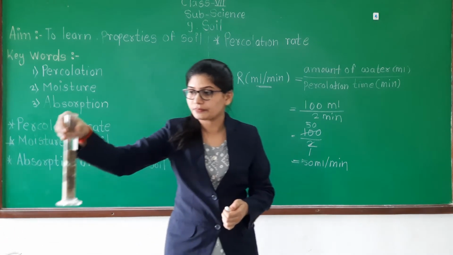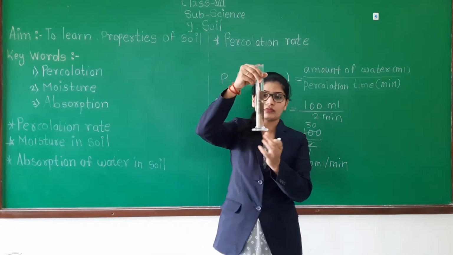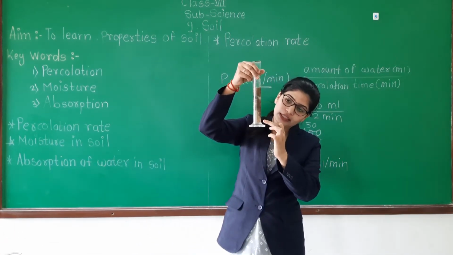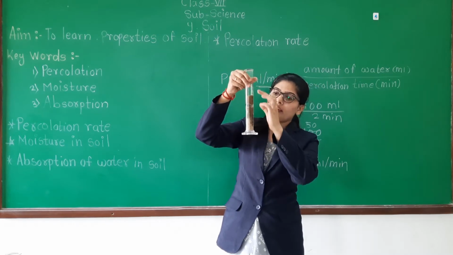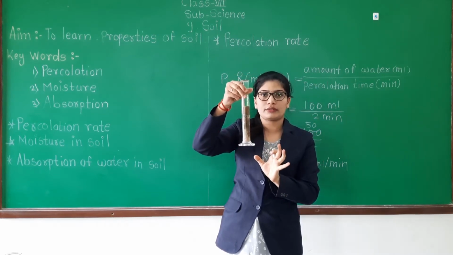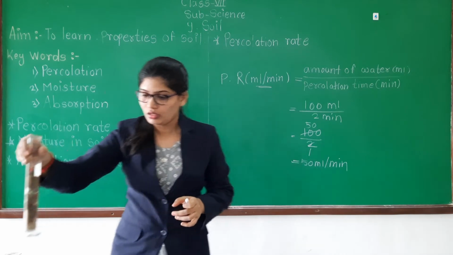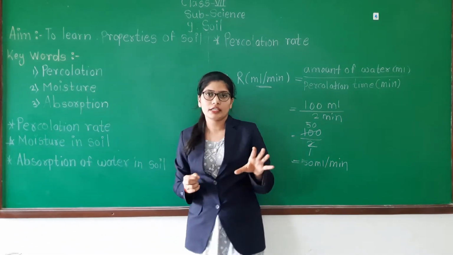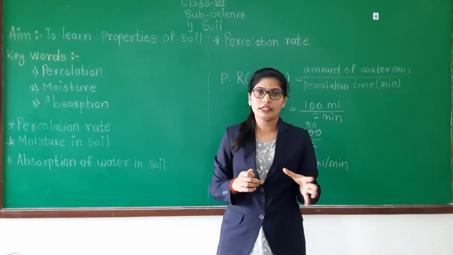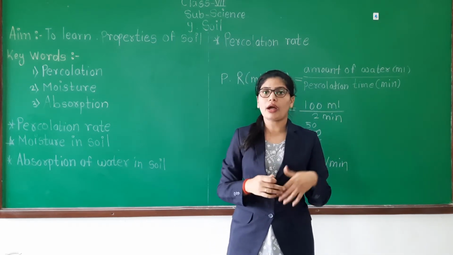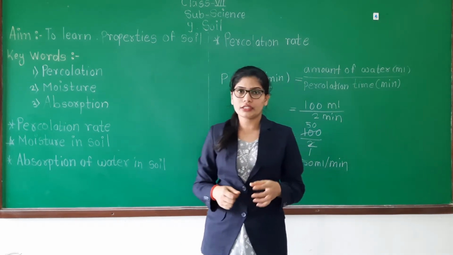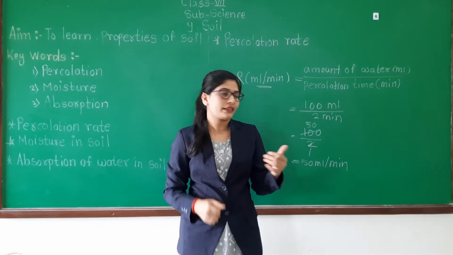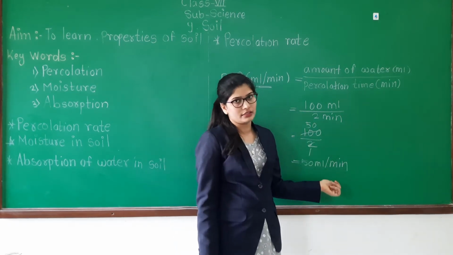You can see here, still water is going downside. Now, if you take the soil quantity in more amount, it will require more time. I have taken a small amount of soil, that's why the values are like this.